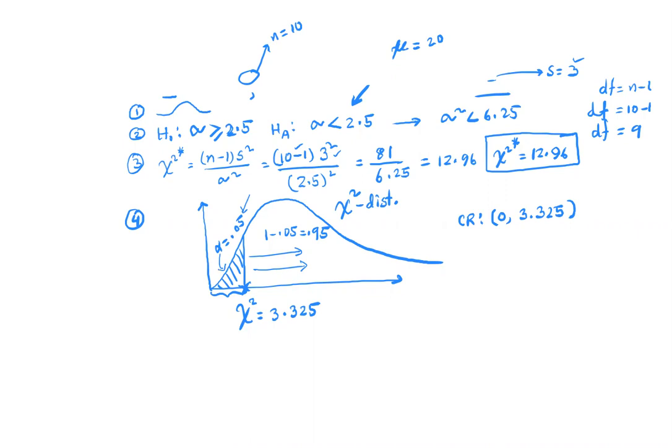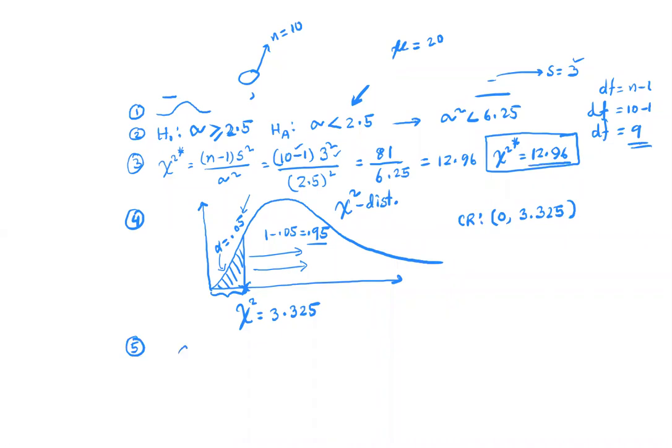So 1 minus 0.05 is 0.95. So you look on the top row of the table, area to the right 0.95, and the degrees of freedom is 9, which is n minus 1, 10 minus 1, and that gives you a value of 3.325.